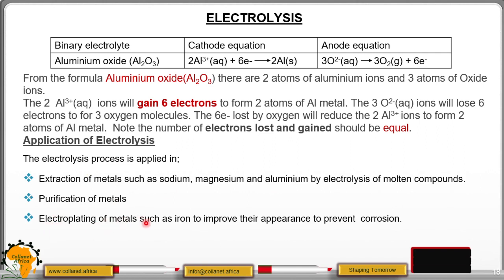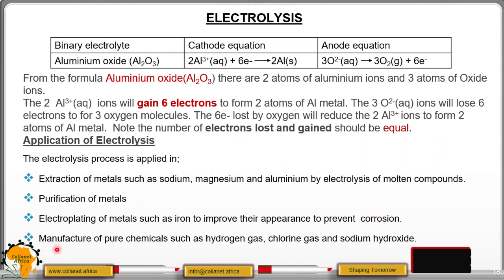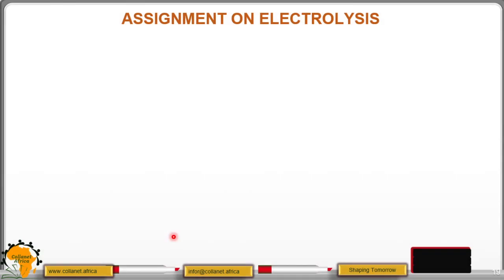Electroplating of metals such as iron improves their appearance and prevents corrosion. So electroplating is like coating of metals to prevent corrosion or rusting. Then we have the manufacture of pure chemicals such as hydrogen gas, chlorine gas, and sodium hydroxide. So you can obtain these chemicals through electrolysis.